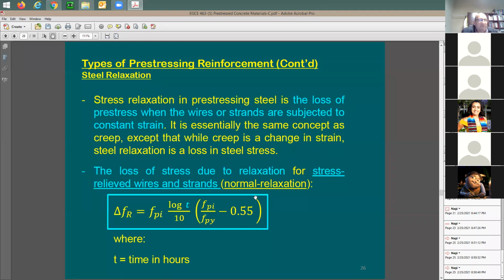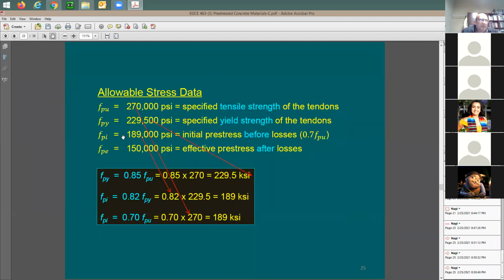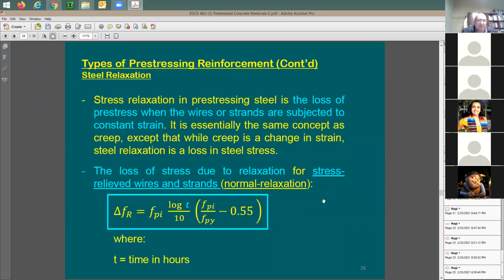But we have this equation that says if you go here to 100% of FPY, you're going to have higher stresses and higher losses. So we said, let's make it here like 82% or maybe 70%. Once you get here to 82%, you're going to be at 189, right?